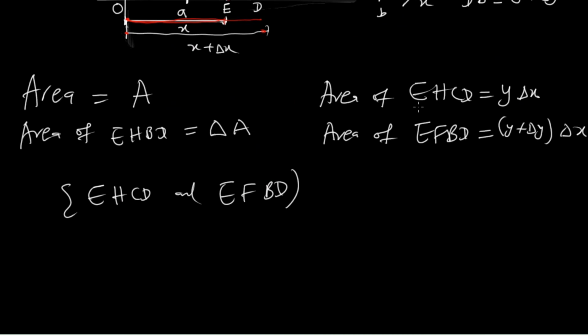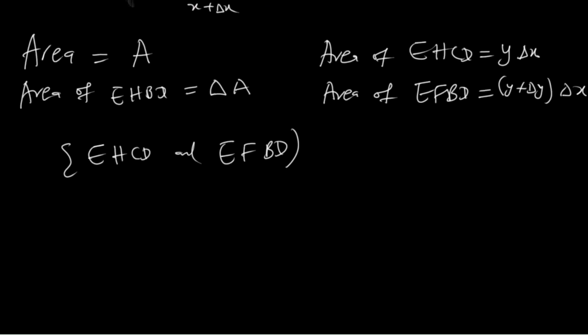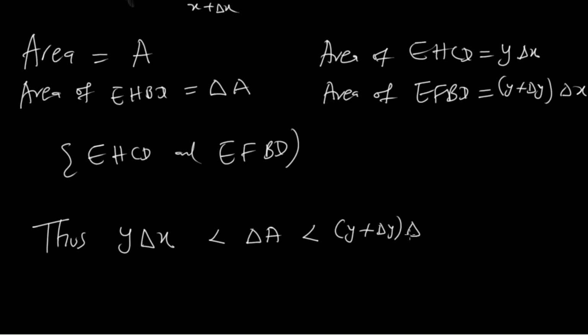So we have the area of EHCD to be equal to y dx, and the area of EFBD to be y plus dy times dx. If you're able to note this, we can conclude that y dx is less than the area we are looking for, dA, and this is less than the area of the bigger rectangle, which is y plus dy dx.